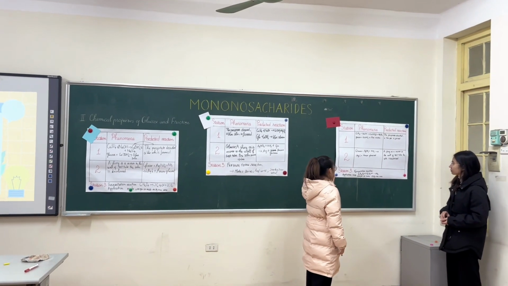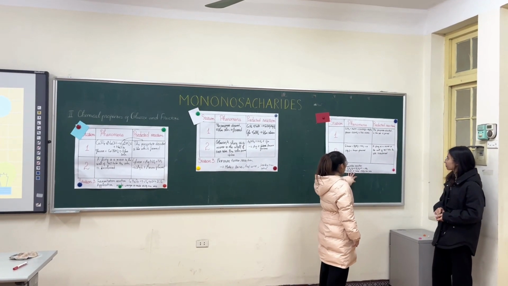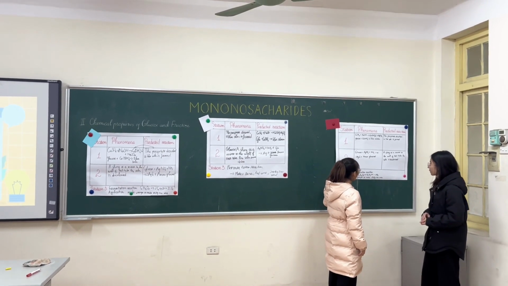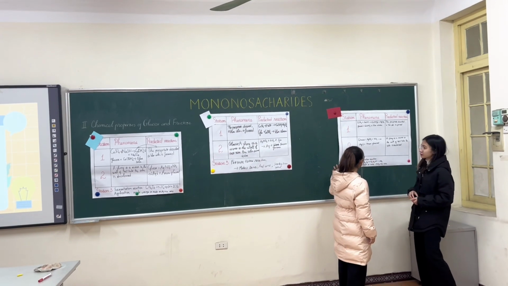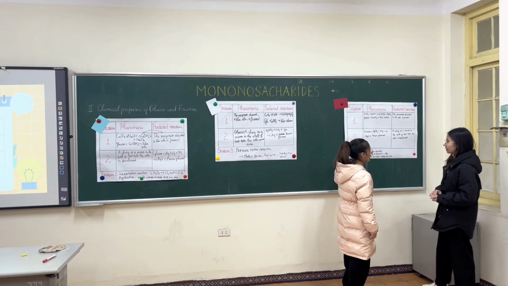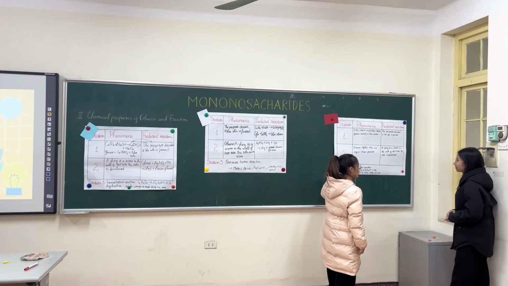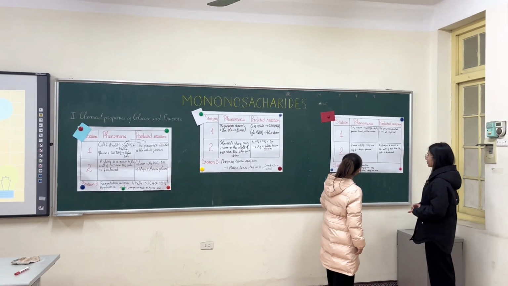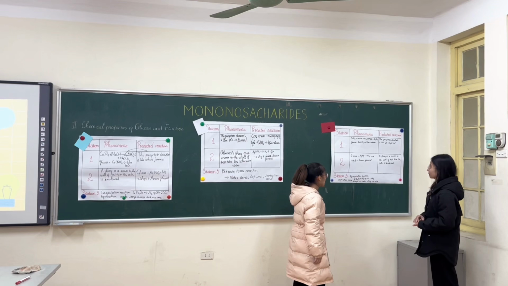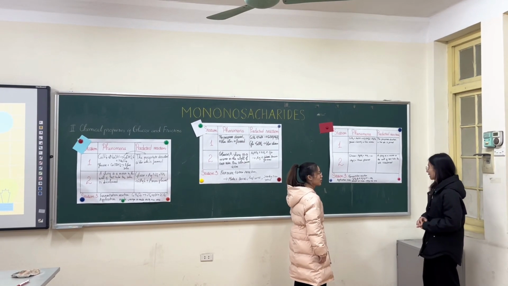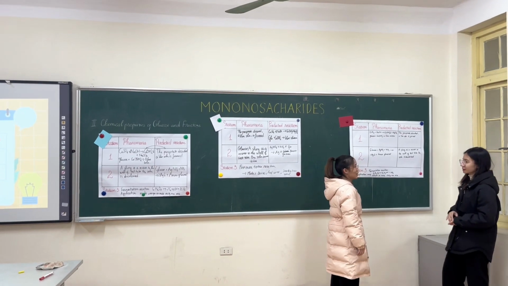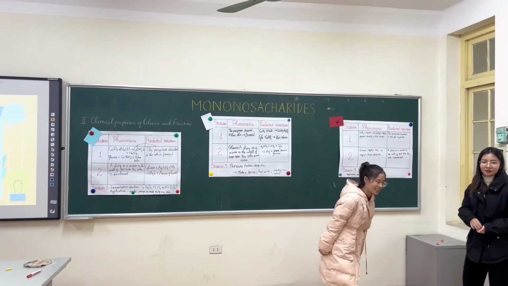And I have a question for you: how can you spell the name of the reaction here? I can see this in the video. Yes, and have you ever made vinegar or sticky rice wine? Yes, no. Yes, thank you. You can come back and sit.